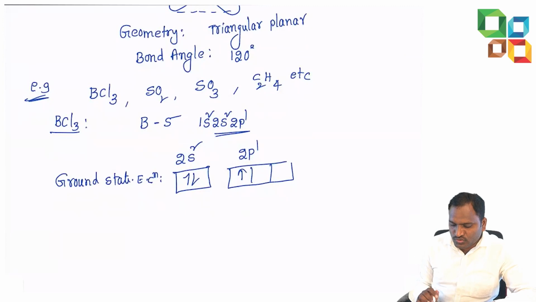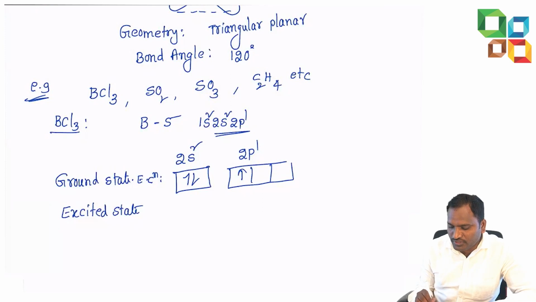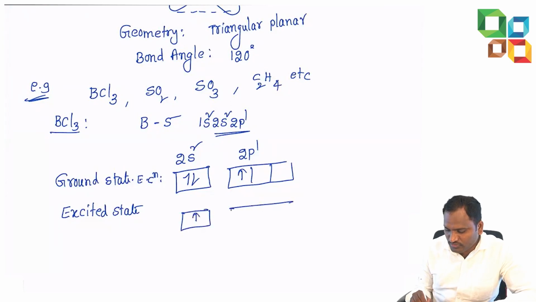Okay. So, what to do? Go to the excited state. You just supply some energy. Then this pair will be unpaired and will go to 2p.